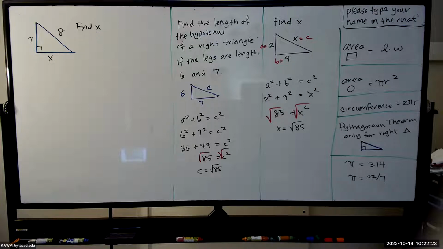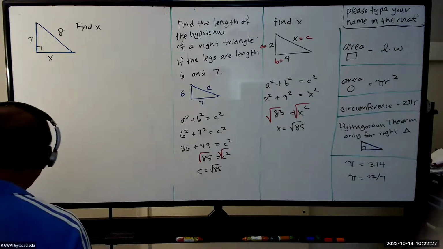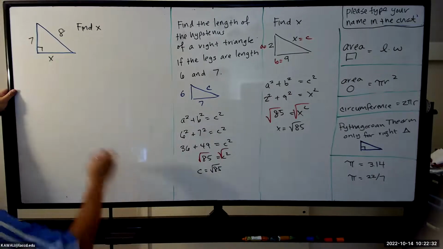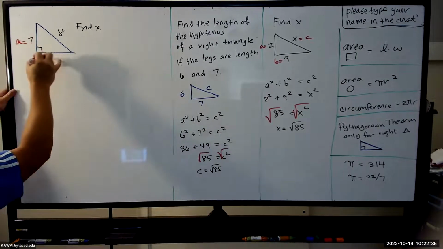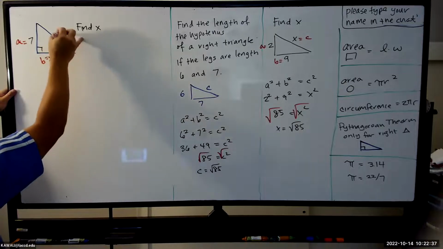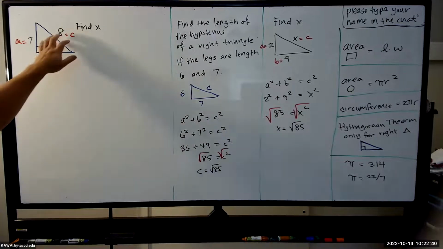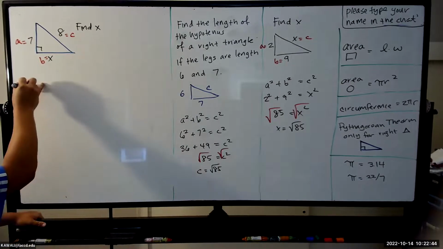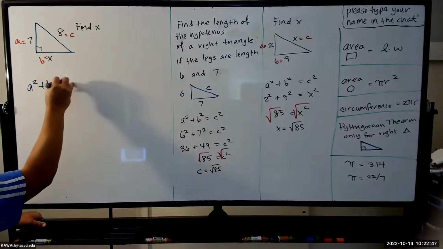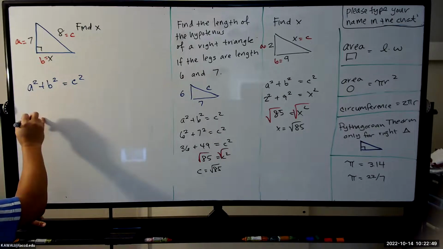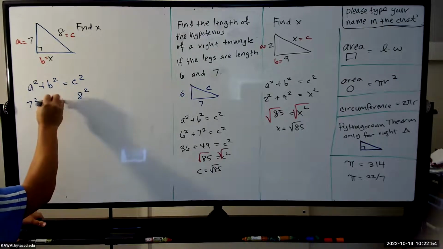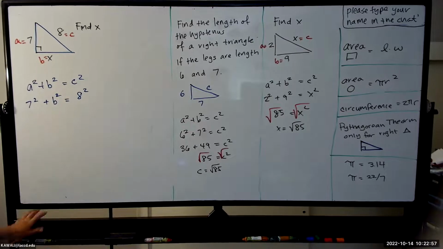Okay. So let's take a look at this. So what's going on is we have A, B, and then the difference between this one and the other ones is that C is now the hypotenuse. So the formula is A squared plus B squared is equal to C squared. So we know 7 squared and we know 8 squared, and it's really B squared that we don't know. Okay.